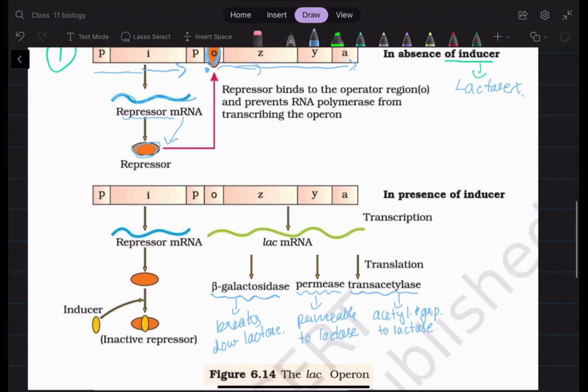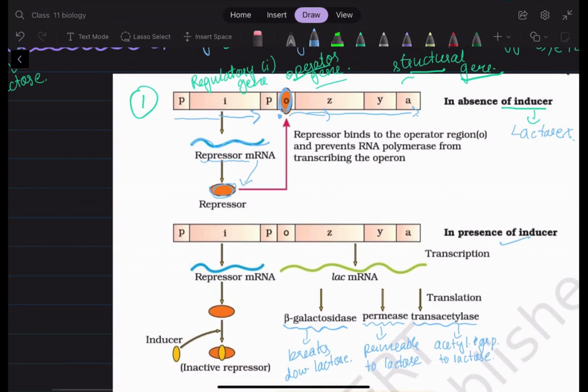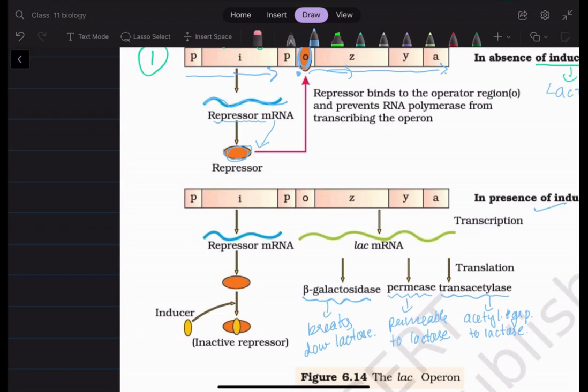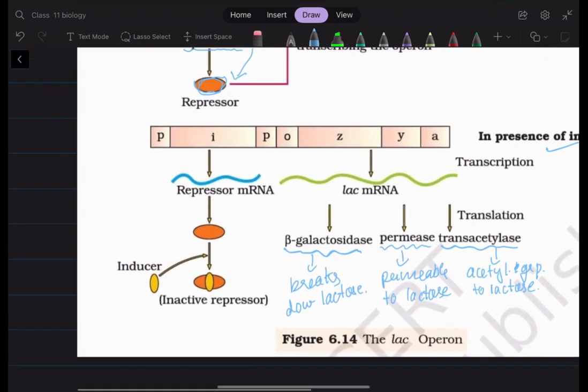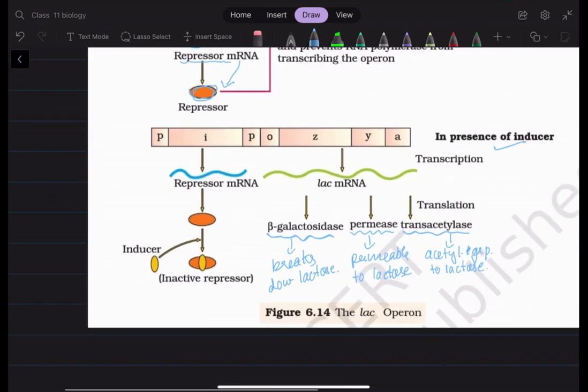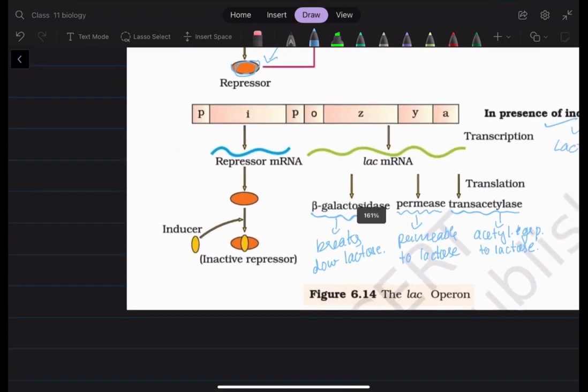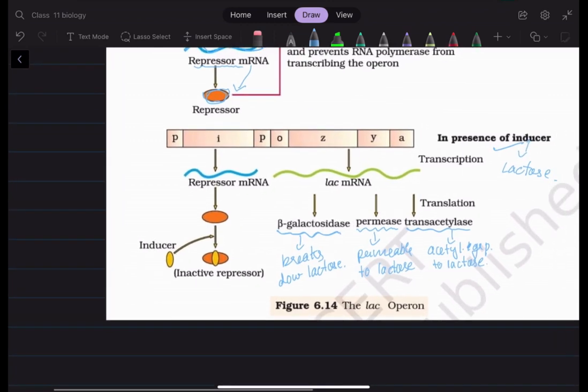Now, in case our inducer was present, in case the lactose was present, the repressor, instead of going and binding to our operator region, goes and binds to the inducer, that is the lactose. Okay, and whenever this repressor binds to this lactose, it becomes inactive. So that is why we have told here it has become inactive.